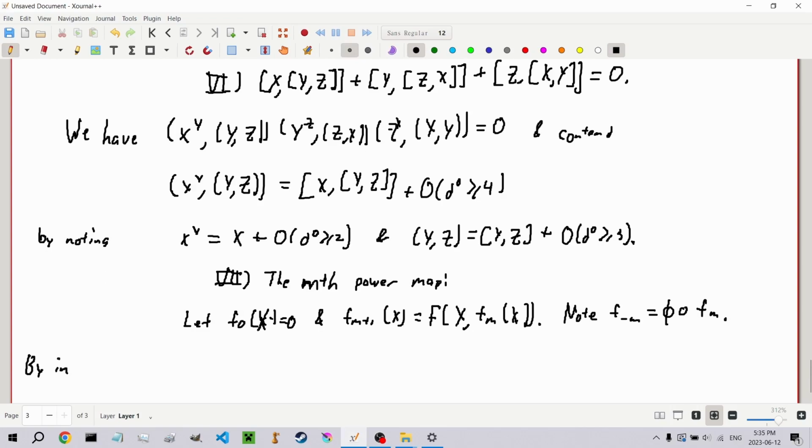Then by induction, f to the m of x is just m of x plus some higher order stuff.